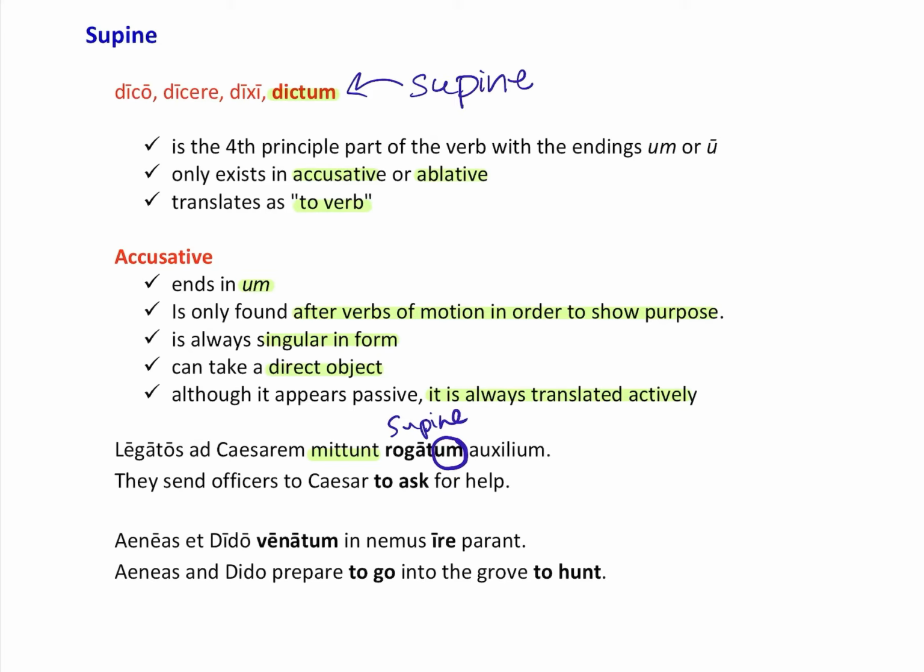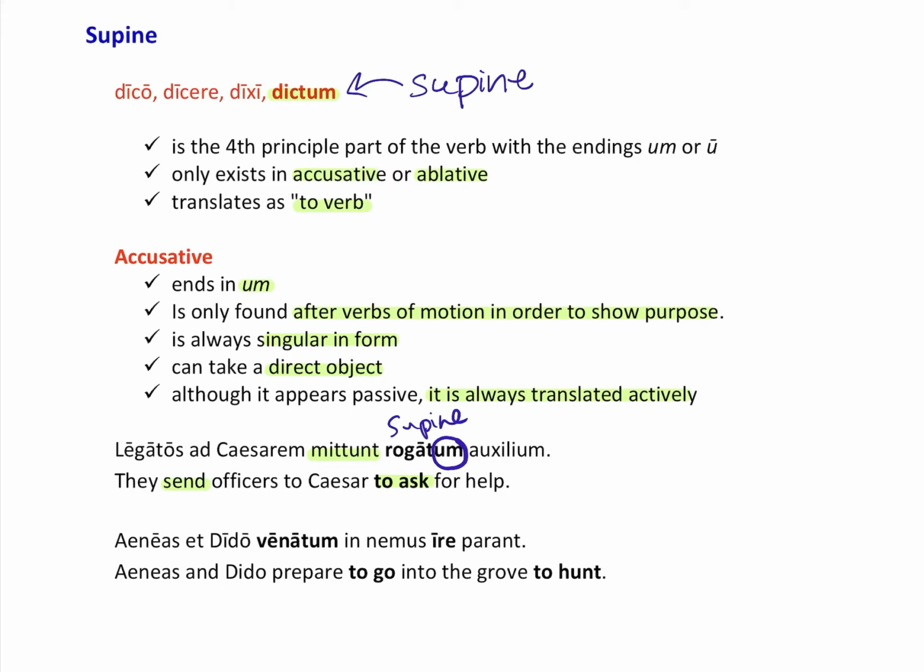The purpose of sending the officers to Caesar is the accusative supine, rogatum, to ask. So we've got "to send" here, that's the verb of motion, and "to ask." Legati ad Caesarem mittunt rogatum auxilium. They send officers to Caesar to ask for help.